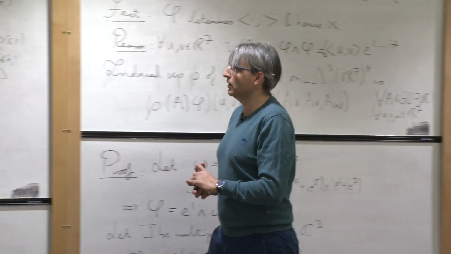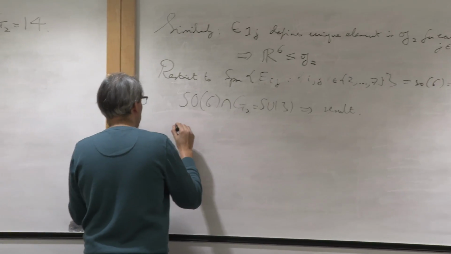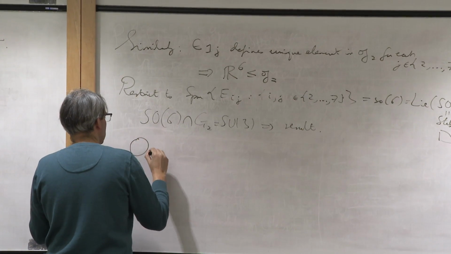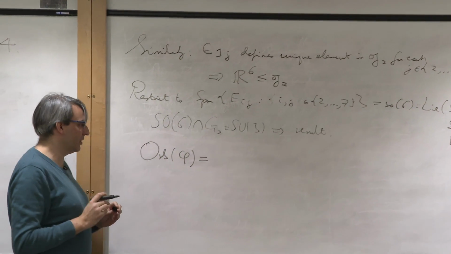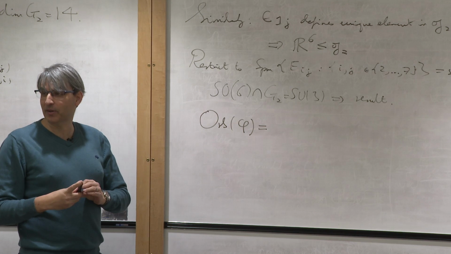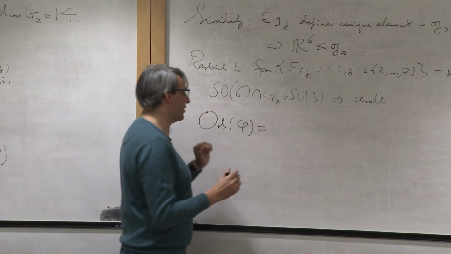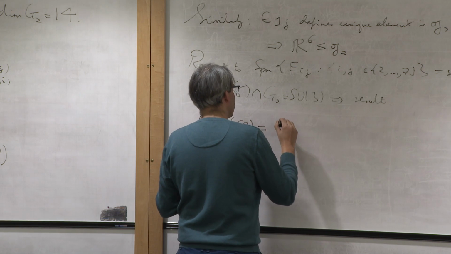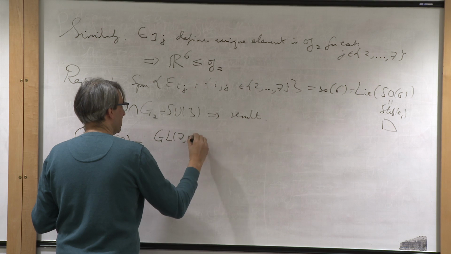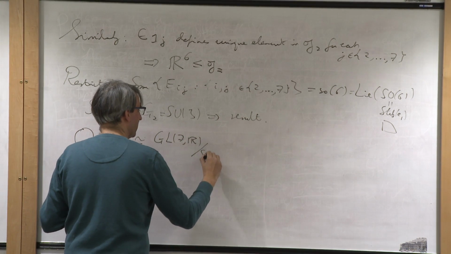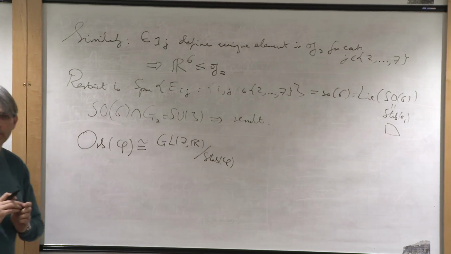Now, I want to make an observation, which is that if you look at the orbit of phi, this is the orbit stabilizer theorem. Hopefully you remember this one. So I'm looking at the orbit of phi. This is GL7R modulo the stabilizer of phi, by the orbit stabilizer theorem.